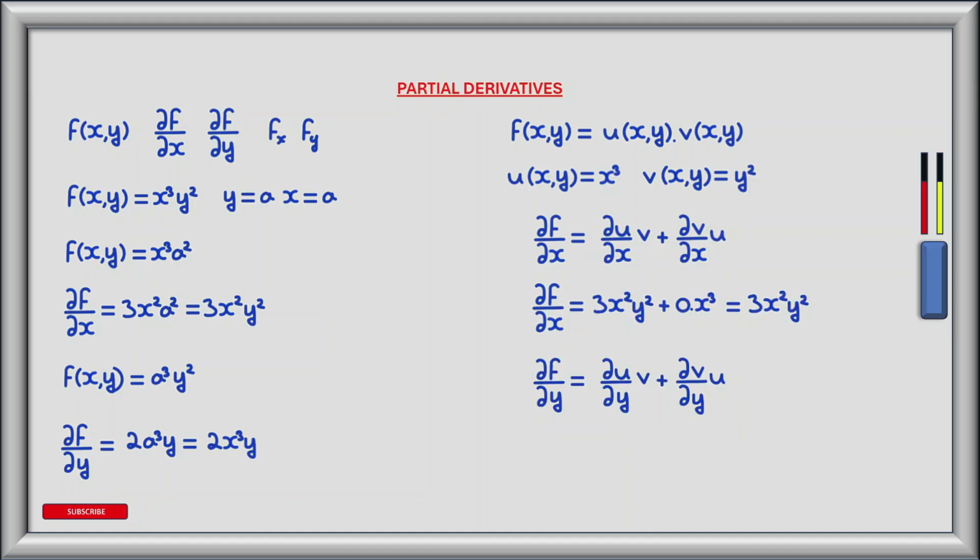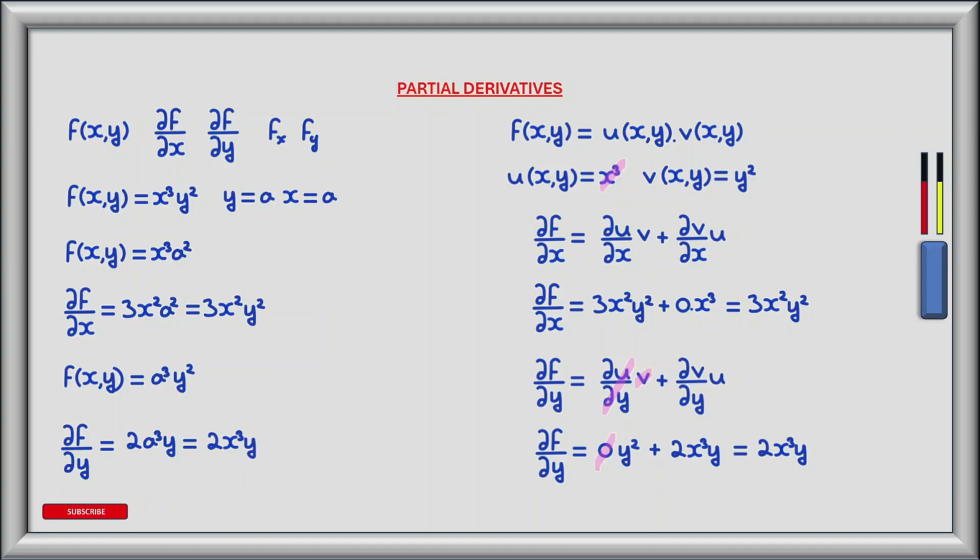And using the product rule to evaluate the partial derivative of f with respect to y, we have the partial derivative of u with respect to y multiplied by v plus the partial derivative of v with respect to y multiplied by u. The partial derivative of u with respect to y, where u is equal to x cubed, and in this case treated as a constant, is equal to 0.